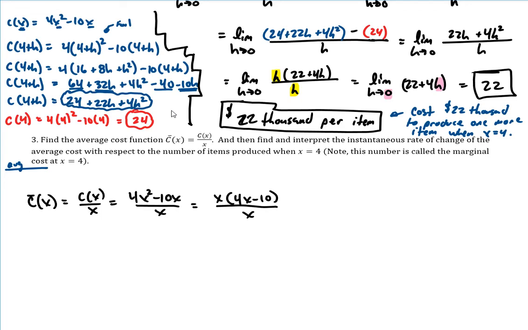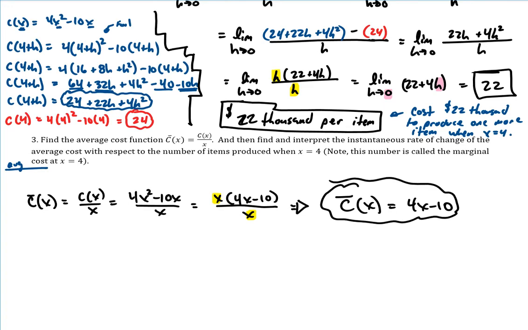And then that way, the x's here just cancel. So kind of like how the h's did, those just cancel. So our average cost is just 4x minus 10. Okay, so we found the average cost.